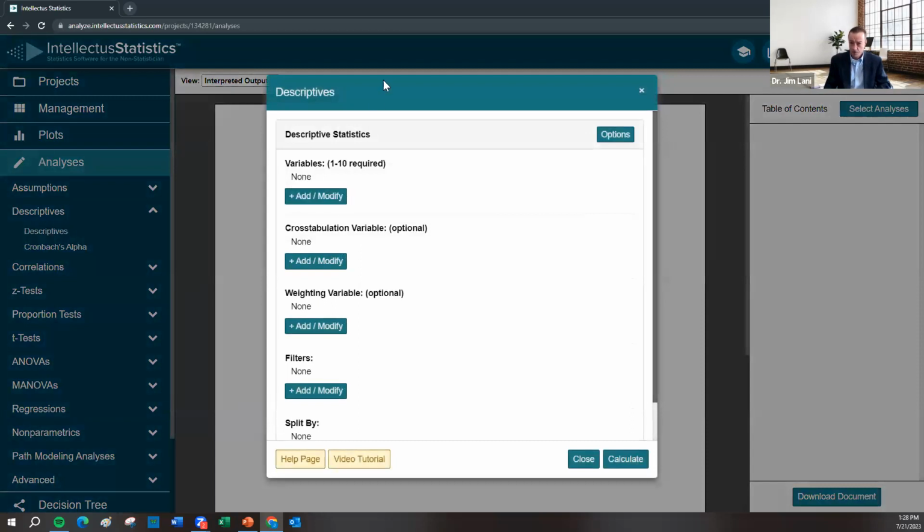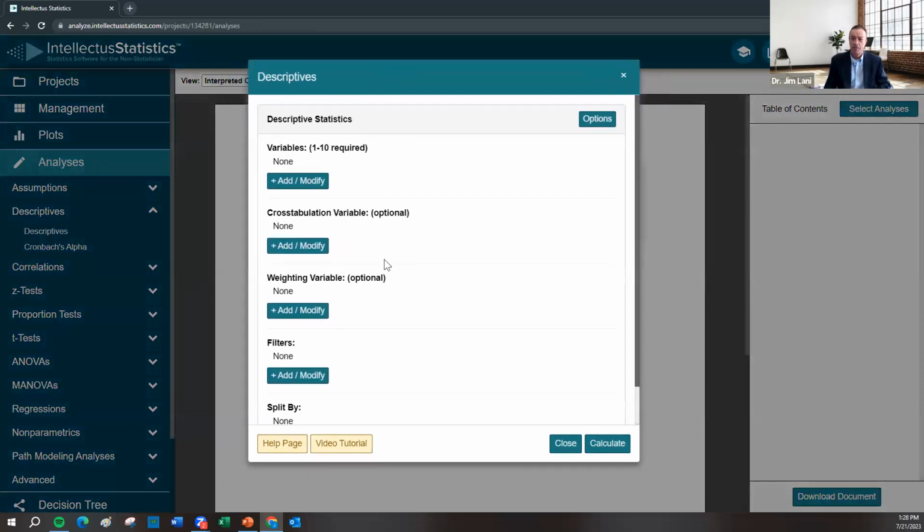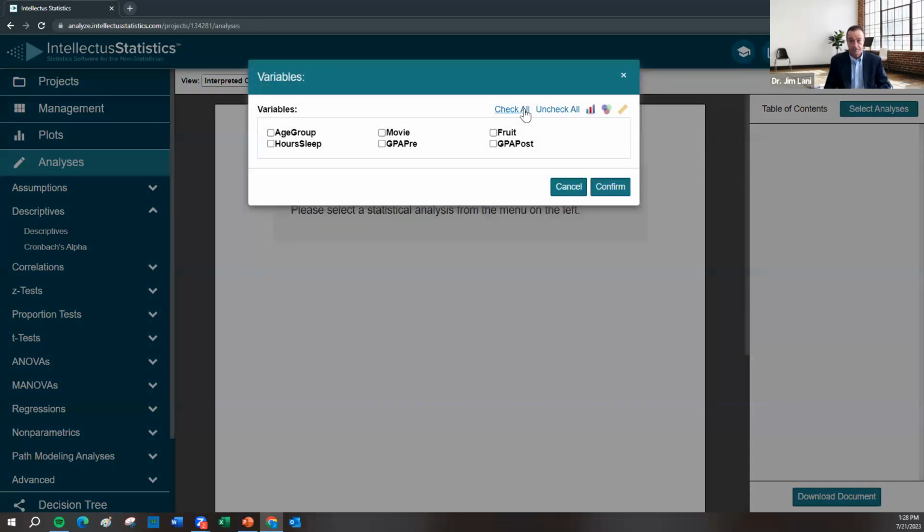And in these dialog boxes, I'll just note that there are options to be had. There are video tutorials to be had. But the simple thing to do is go to add variables, check all, okay, hit confirm. Before I do, look at this. Okay, more clues.